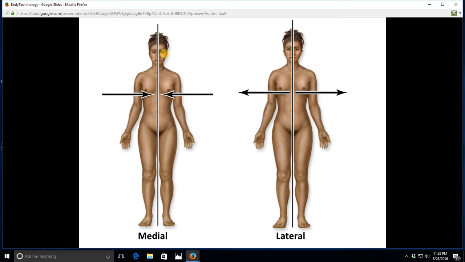The eye is medial to the ear. In other words, the eye is closer to the midline than the ear. Similarly, the ear is lateral to the eye, meaning the ear is farther from the midline. And again, these are comparative terms here.